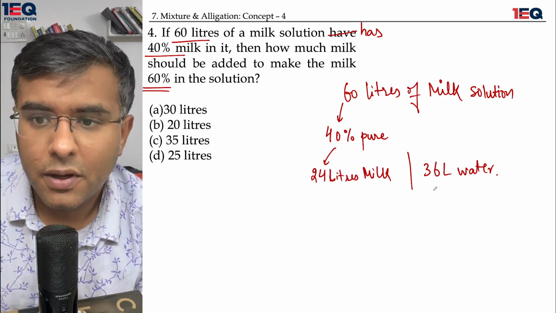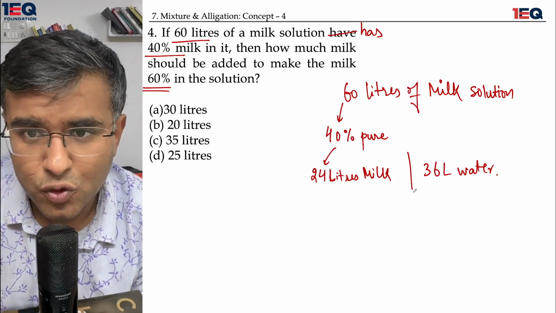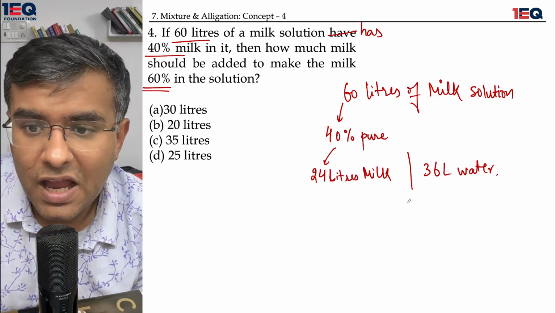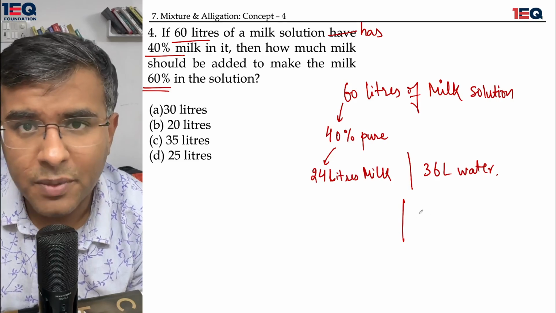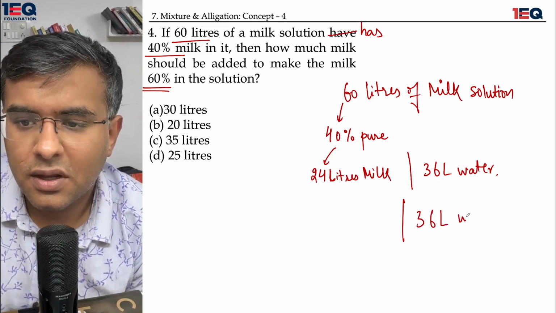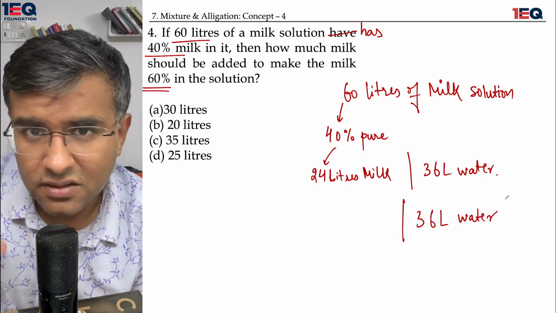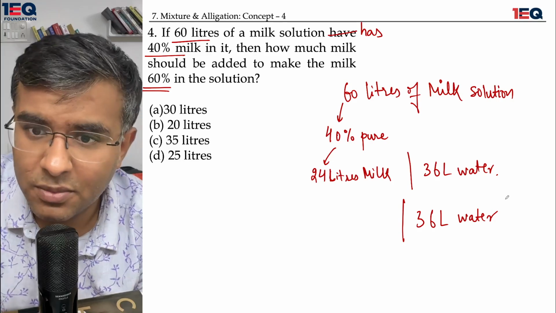Okay. Now, if some new milk is supposed to be added to the solution, I have to ensure that water remains constant. That means in the new mixture, 36 liters of water will again be there.